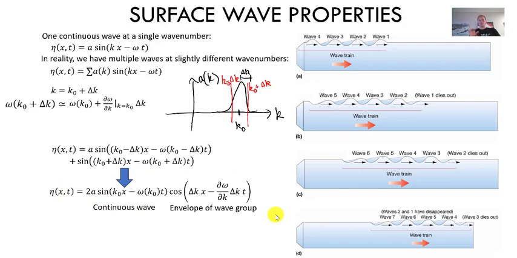And so it becomes a product of 2 different sinusoidal functions with a double amplitude. So at the front here, you've just got your normal continuous wave structure at your wave number k0. But modulating that, you have this other sinusoidal function, which is at a much smaller wave number of delta k.